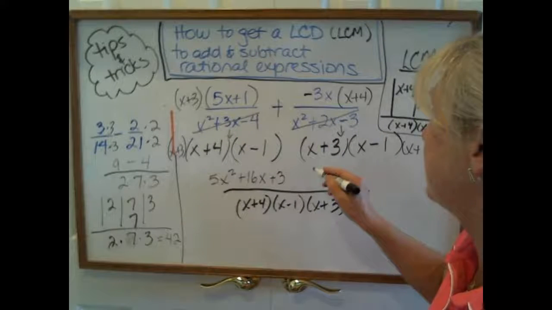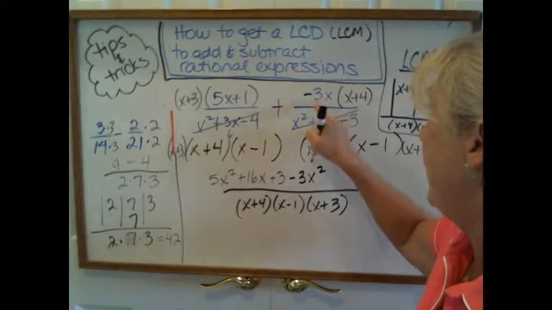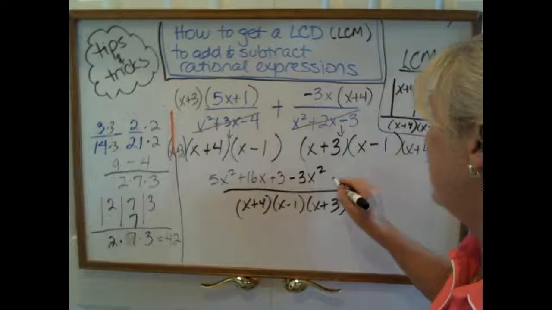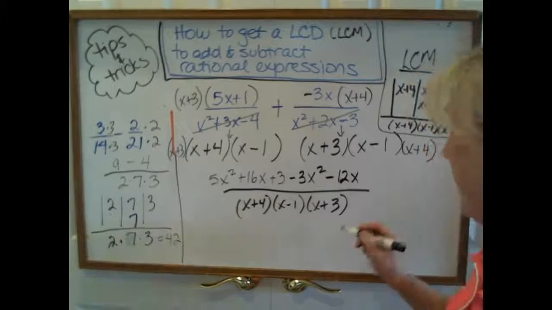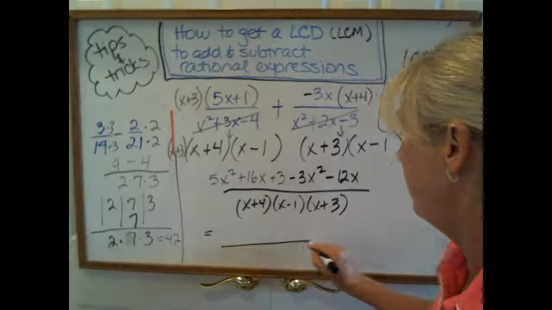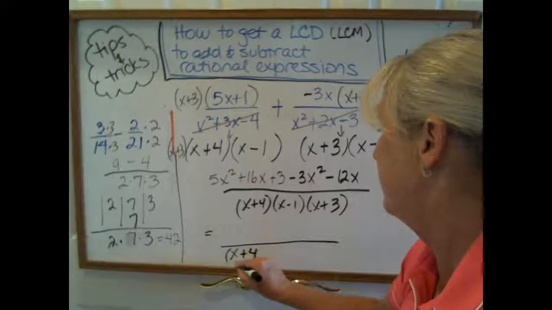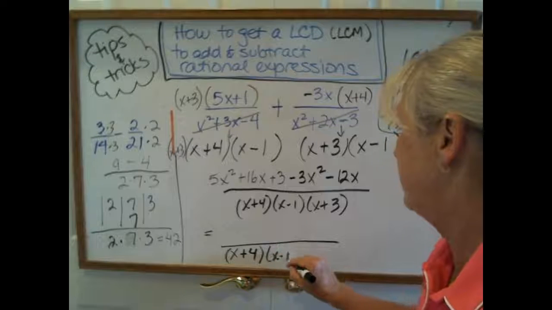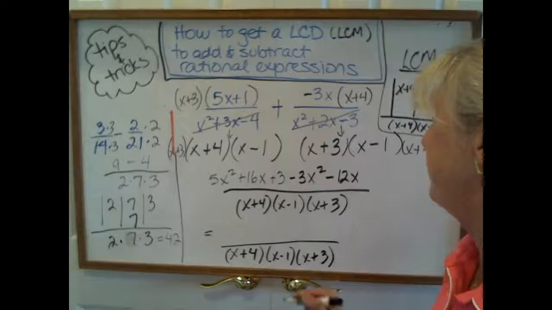Negative 3x times x is going to be minus 3x squared, and a negative 3x times 4 is going to be minus 12x. Now I'm going to do some combining. I'm going to write that denominator, x plus 4, x minus 1, x plus 3.